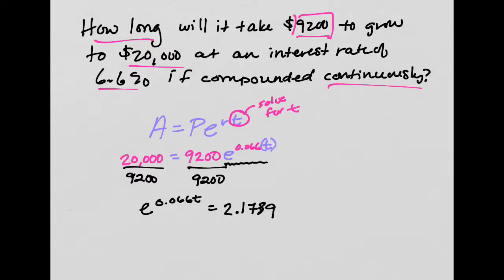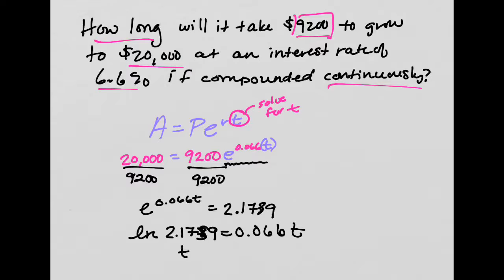And then we'll think of it as taking the natural log of both sides, or rewriting this exponential as a log. So the natural log of 2.1739 is equal to 0.066t, and then I just use my calculator to take the natural log of 2.1739 and then divide that by 0.066.